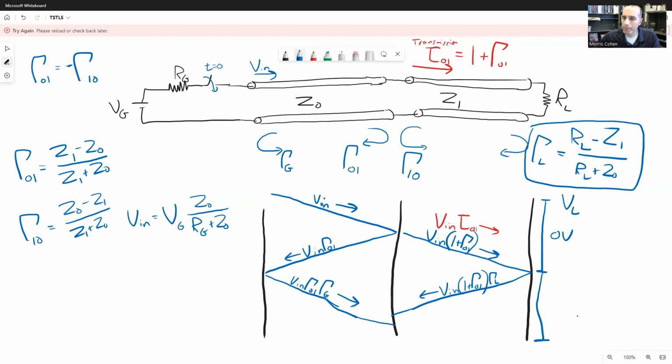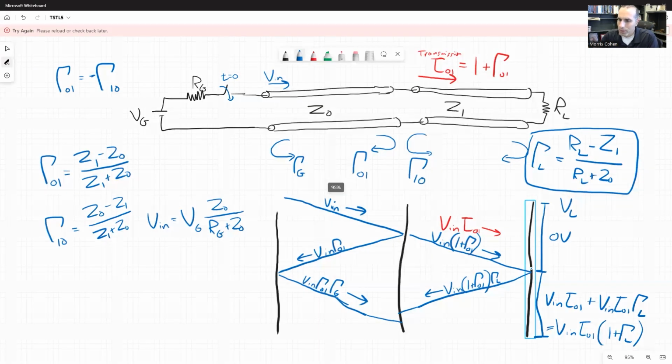And then once this wave passes by, it's going to be Vn times tau 0,1 plus Vn tau 0,1 times gamma L. We can also rewrite this as Vn tau 0,1 times 1 plus gamma L. And if you prefer, you can even replace 1 plus gamma L with tau L. You want to apply the same type of logic, where we have an absorption coefficient that's 1 plus the reflection coefficient, in which case this just becomes Vn times tau 0,1 times tau L. So that will be the value of the voltage on the load.